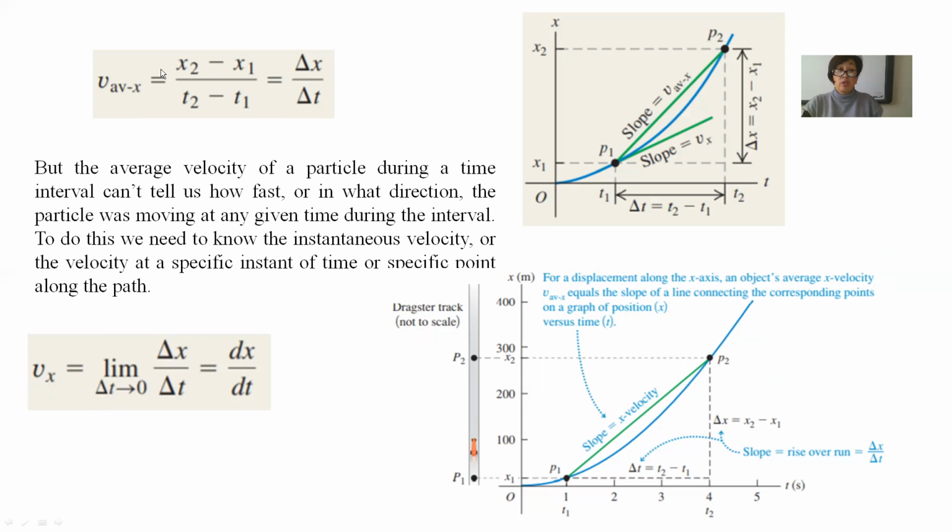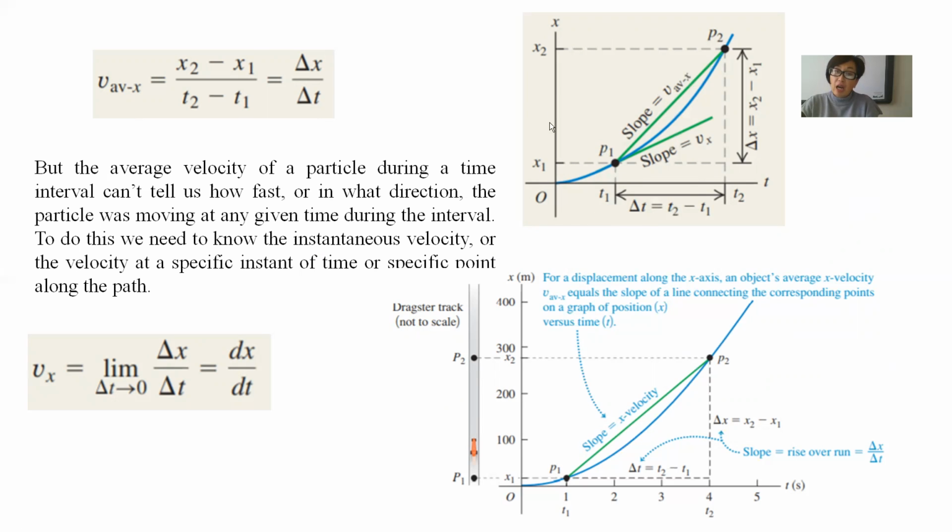Putting in the average velocity, delta x divided by delta t, and taking the limit as delta t approaches zero, gives the first derivative of position, dx divided by dt. And this is the formula of the instantaneous velocity.